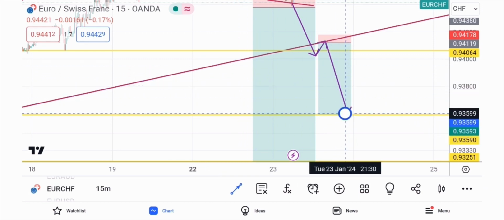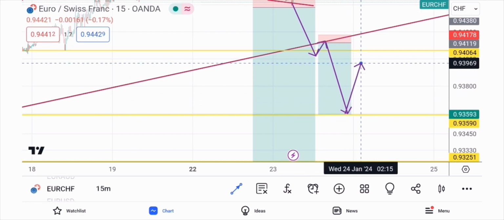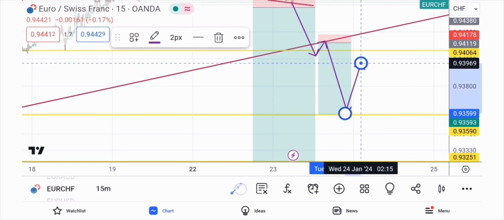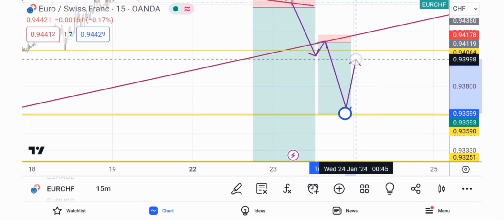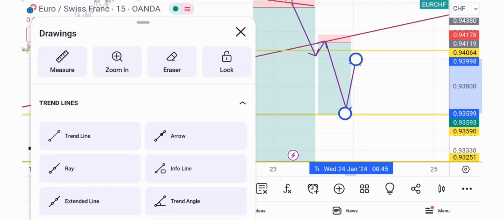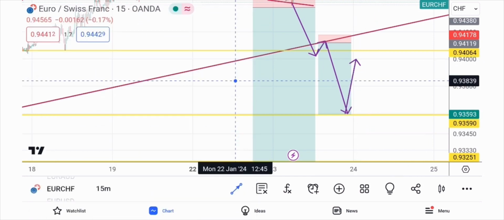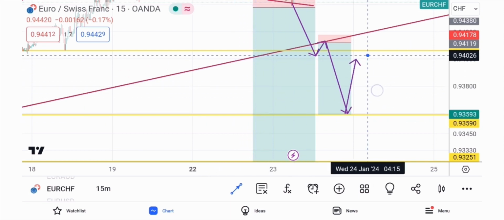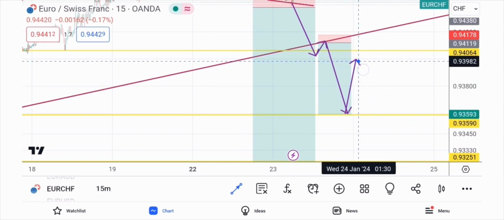So to avoid being caught up in the negative side of the market, you should be able to leave the trade before it even goes back to your entry level, right? So this is what you would expect.